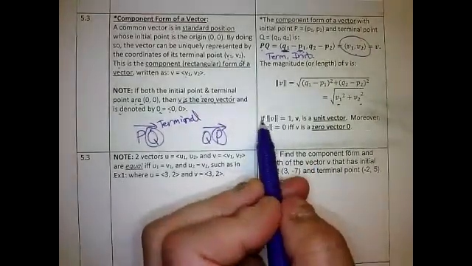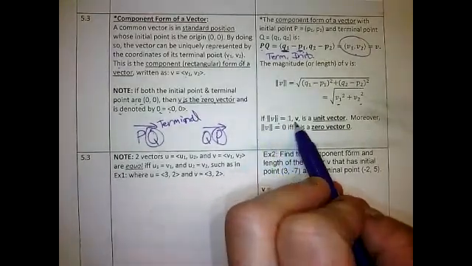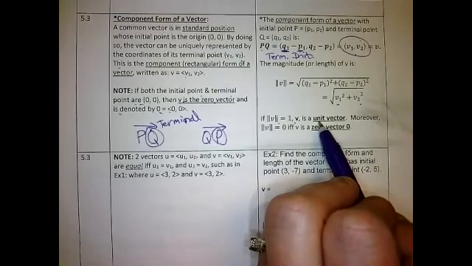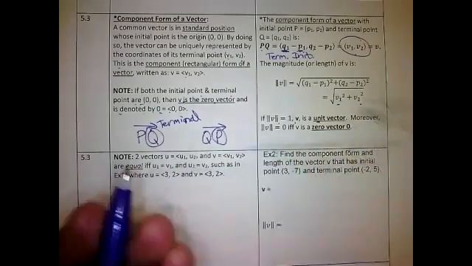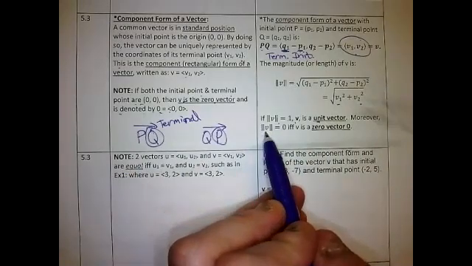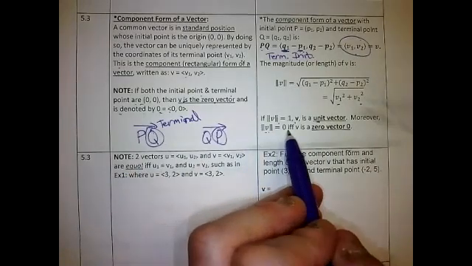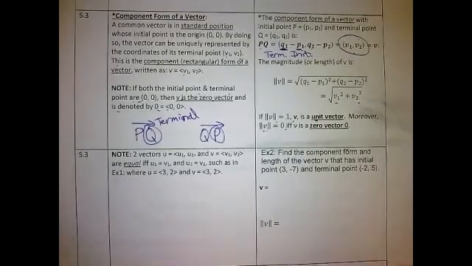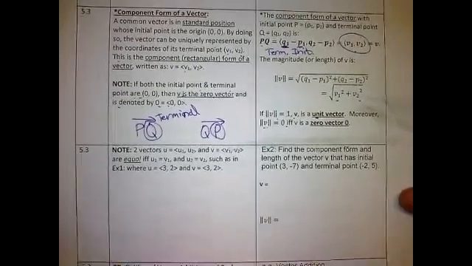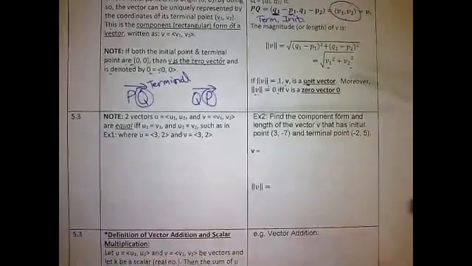Okay. If the magnitude of V is 1, then V is called a unit vector, and we're actually going to learn how to do that in the next section. And it says moreover, if the magnitude of V equals 0, then it's a 0 vector. Okay. So I know lots of information here. Once you start working problems, I think it's going to come together a little bit easier.